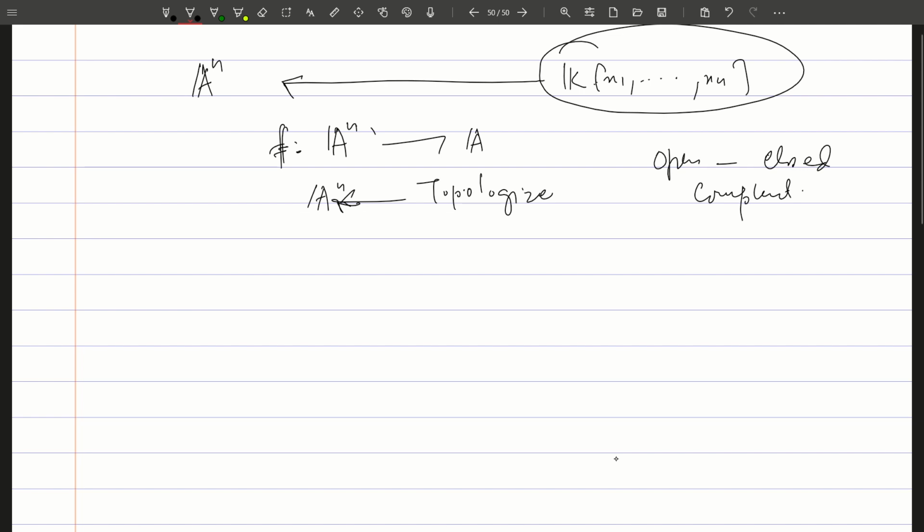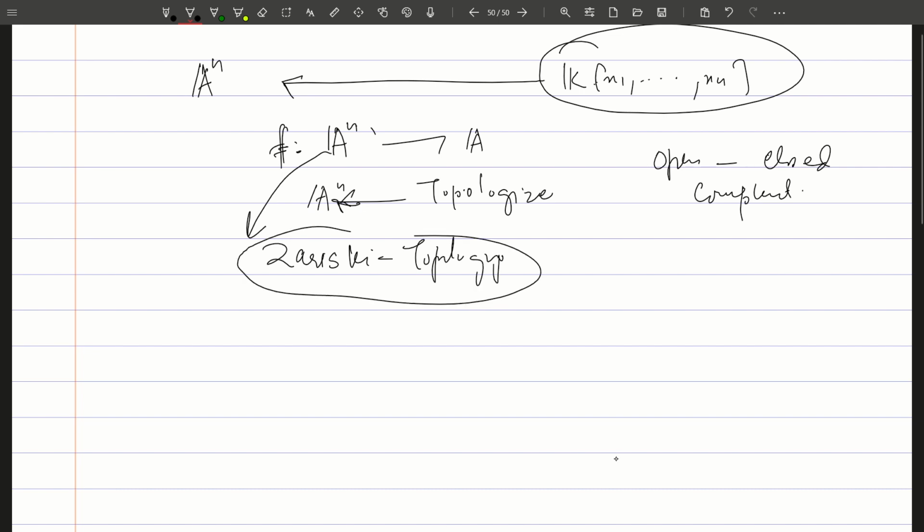So now while giving topology to An, we call that topology the Zariski topology. Now what are the closed sets of An with respect to this topology, or the open sets?